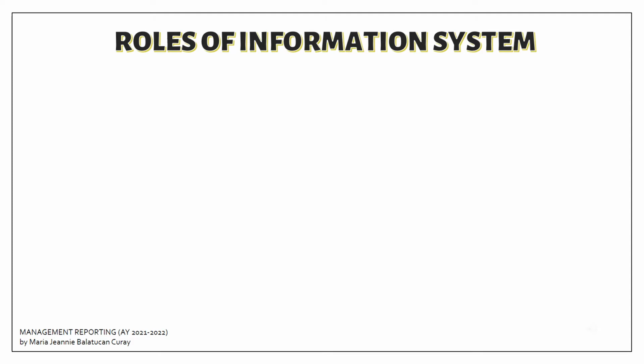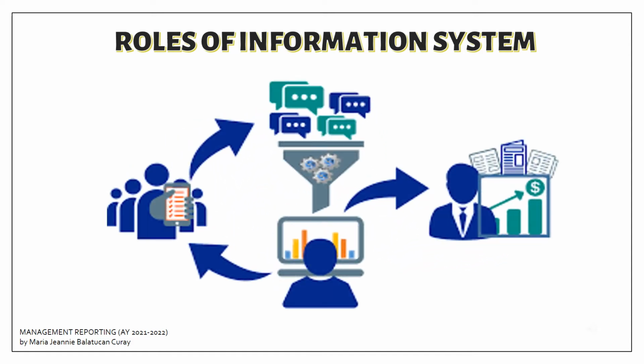So, from the definitions, we see that these components collect, store, organize, and distribute data throughout the organization. In fact, we might say that one of the roles of the information system is to take data.